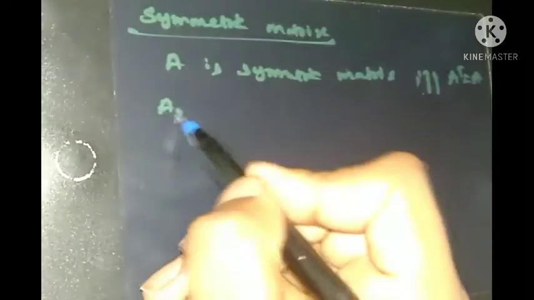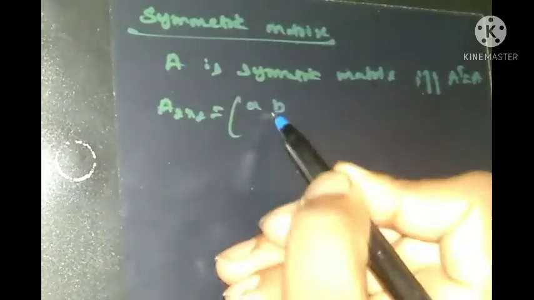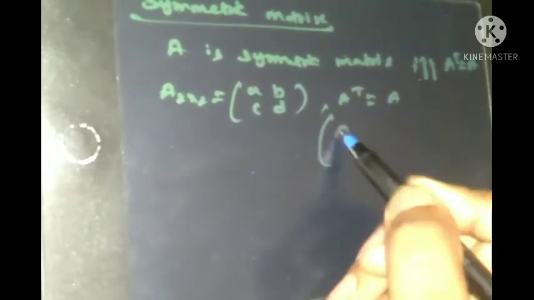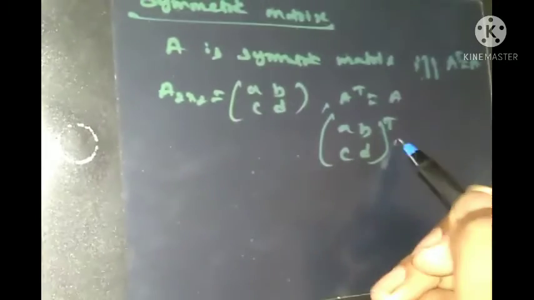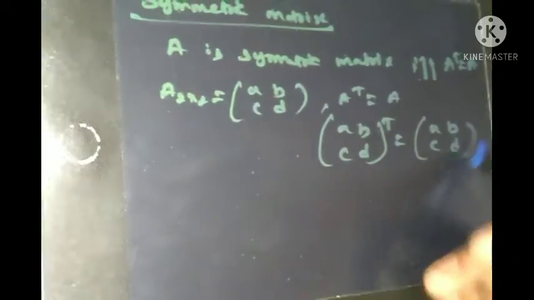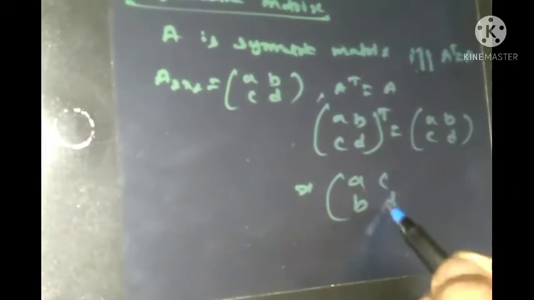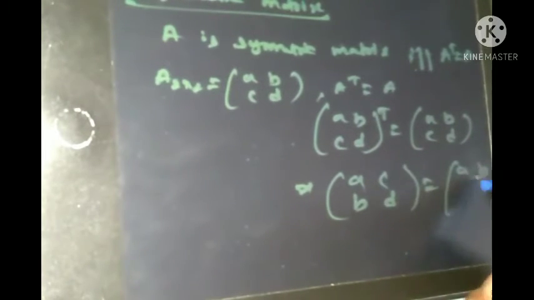We consider any 2 by 2 matrix, that is [a, b; c, d], and we take A transpose is equal to A, that is [a, b; c, d] whole transpose is equal to [a, b; c, d]. Then what is the transpose of this? We get [a, c; b, d], and this is equal to [a, b; c, d].